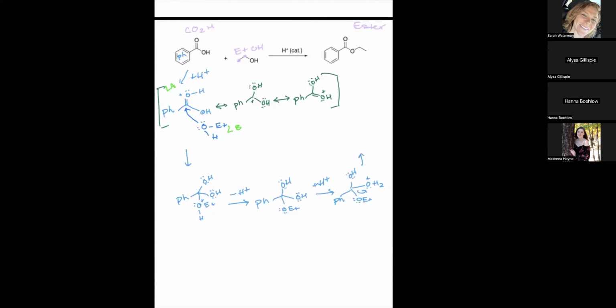And then that'll pop off. And then what we see is our group OEt positive here, OH. And then we just have to go through those resonance structures. So again, it's a lot of kind of the same, right?